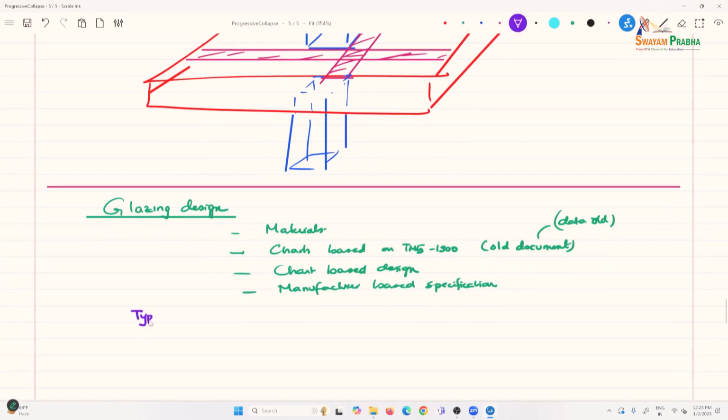Typically, nowadays doors also, I know there's a lot of testing that has been done. Typically, you have security windows. Security windows are designed to resist three things.